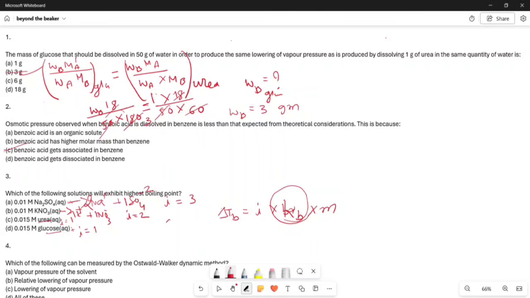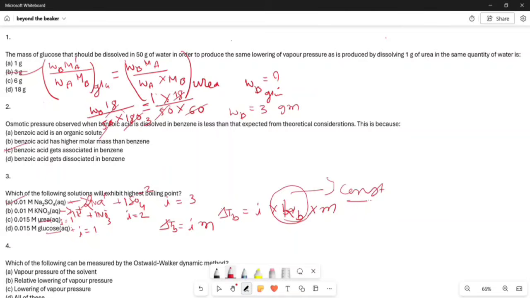So the varying factor is delta Tb equal to i into m. In all the cases, Kb is constant, so it purely depends on i. Here i is 3, that is highest for A. Option A is correct.